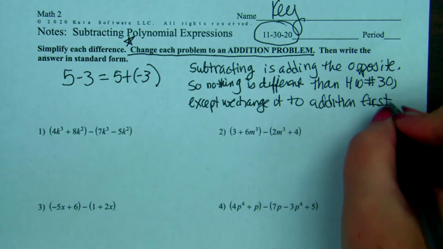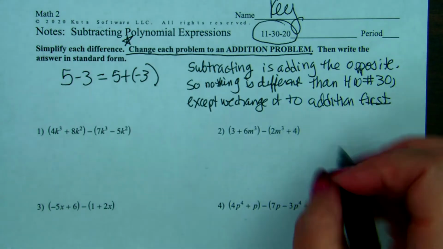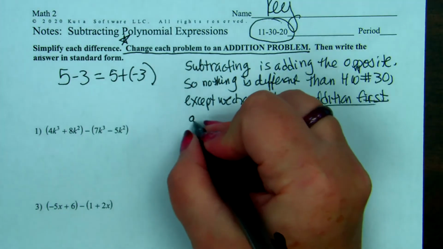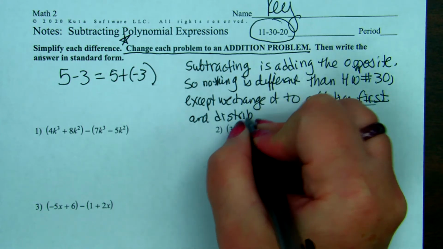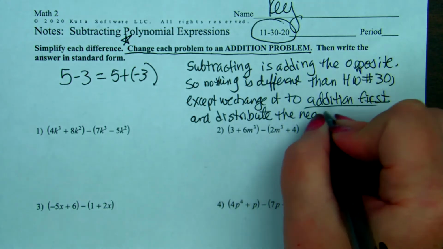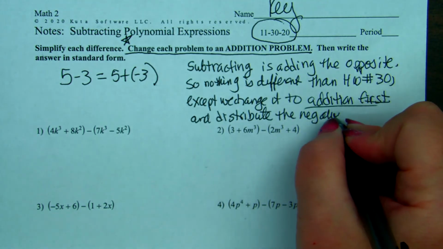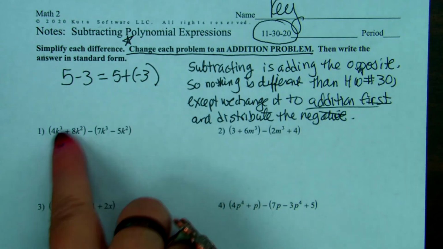So when you see a negative between them, you change it to addition first and distribute the negative. So the only expression that changes is the one after the negative. The one in the front stays the same.